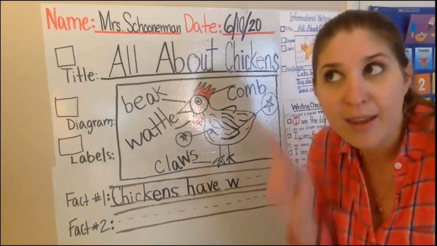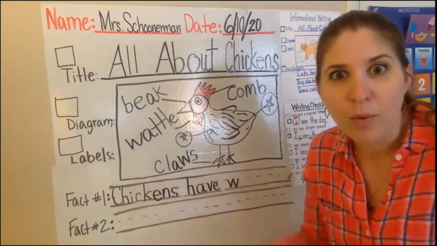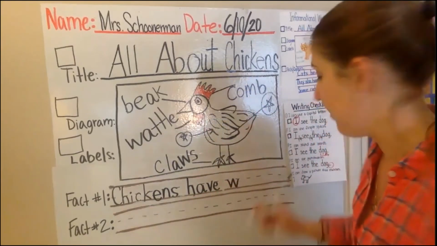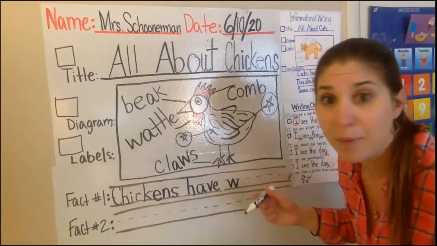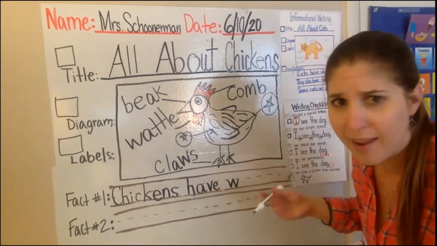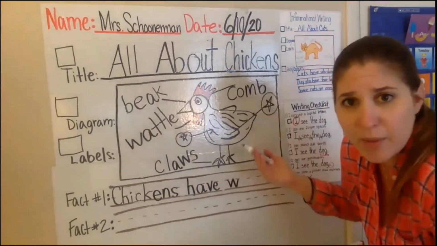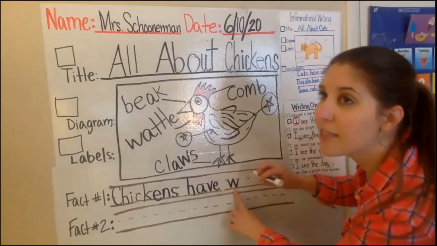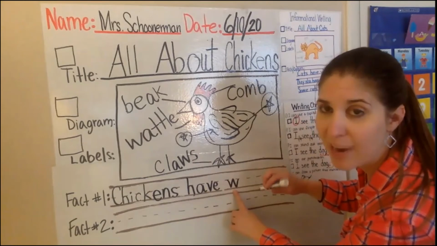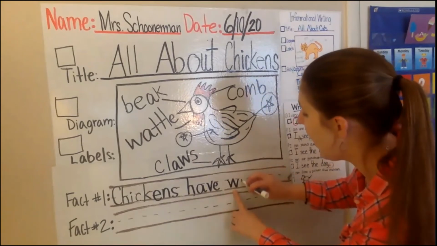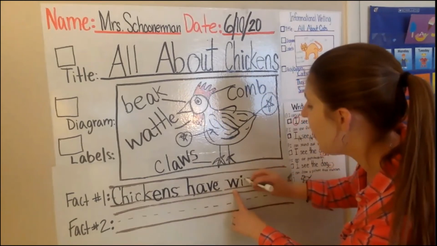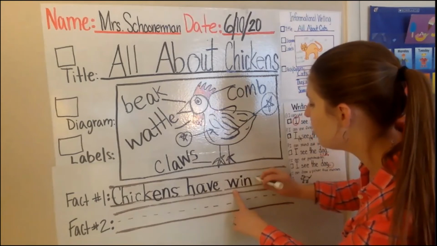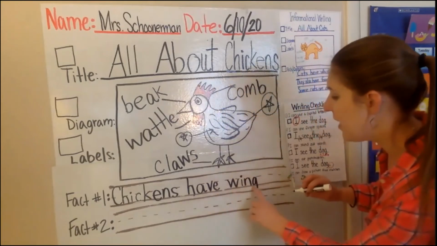Ing, ing, ing. What 3 letters say ing? Maybe you remember, but if you don't, it's okay. That's why we're here. We keep practicing. Wing. The 3 letters that make that sound ing are I, N, G. Ing.